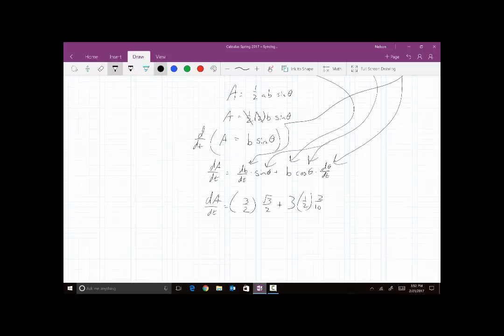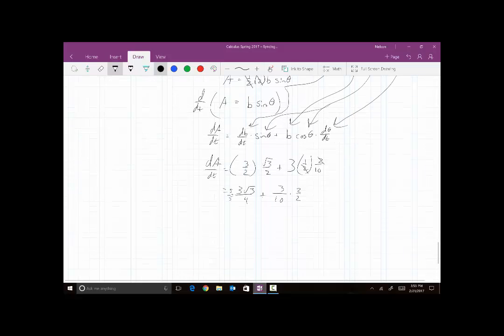Let's see here. We get 3 root 3 over 4 plus, after canceling, 3 over 10. The 4 has two 2's and the 10 has a 2 and a 5, so 20 is the LCD. You get 15 root 3 over 20 plus 6 over 20.